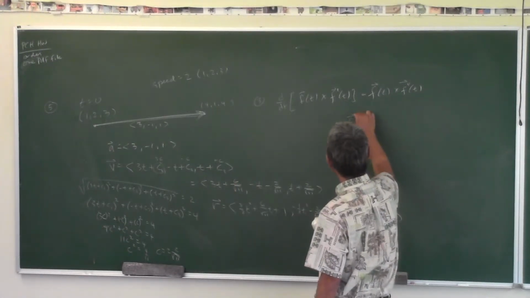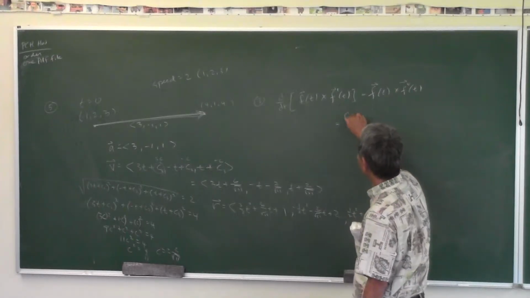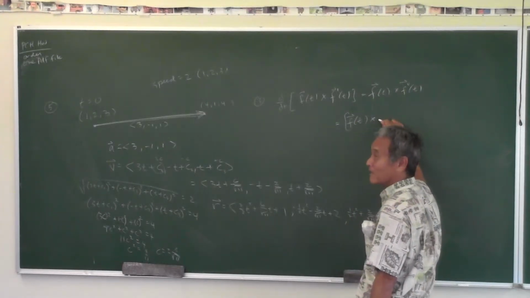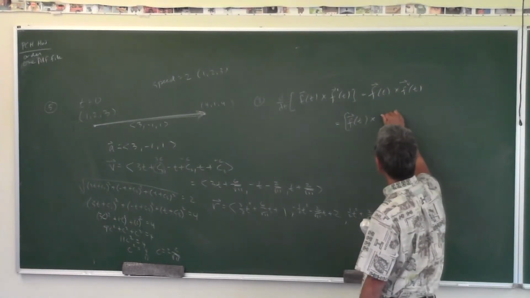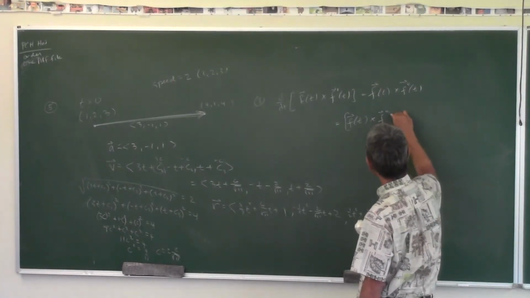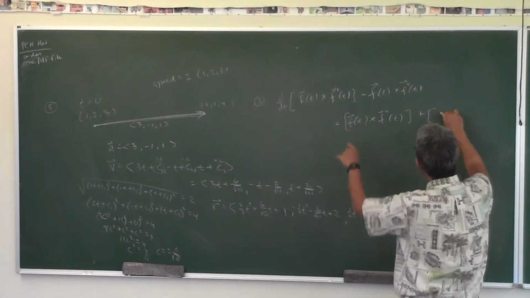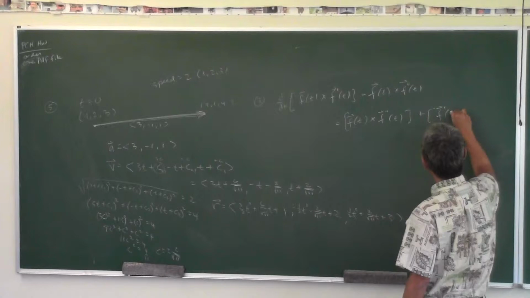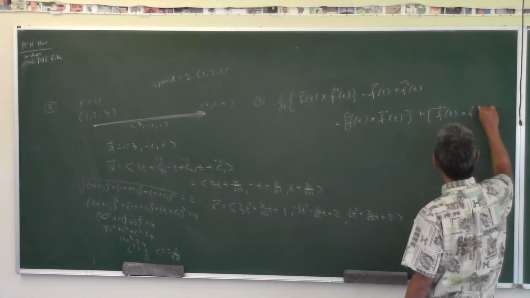Leave the first one alone, crossed with the derivative of the second, which is f double prime, plus the derivative of the first one, cross, leave the second one alone. It's like the product rule.